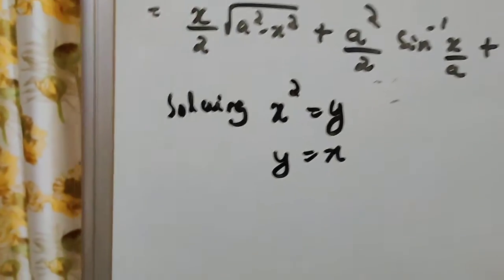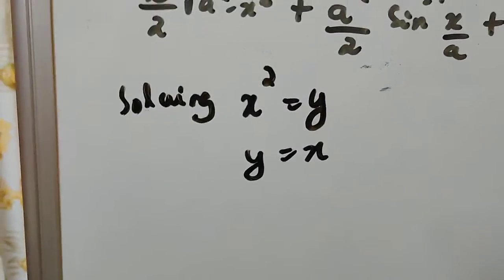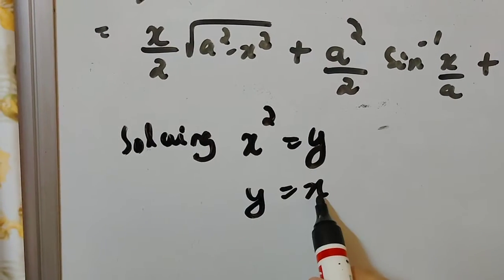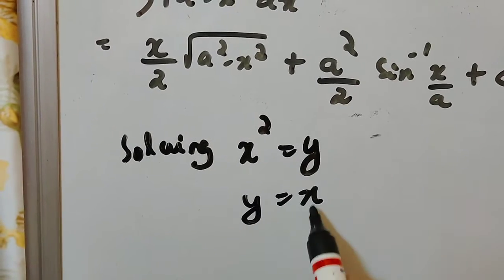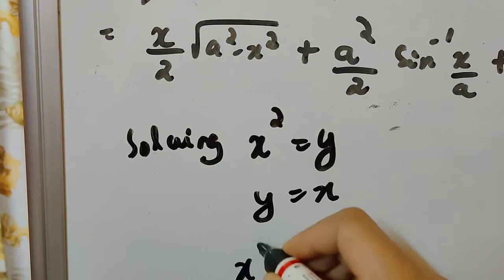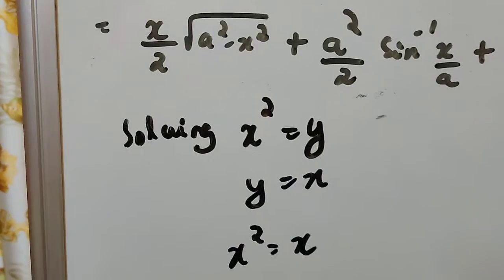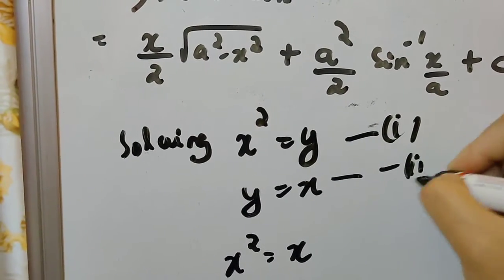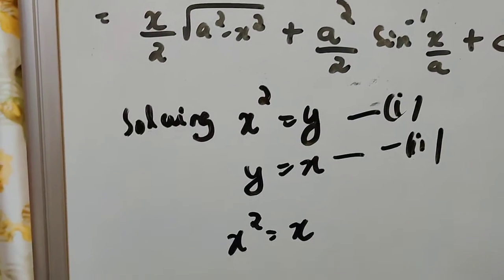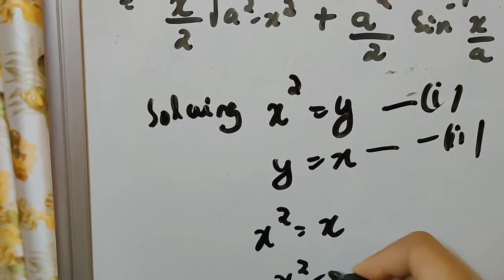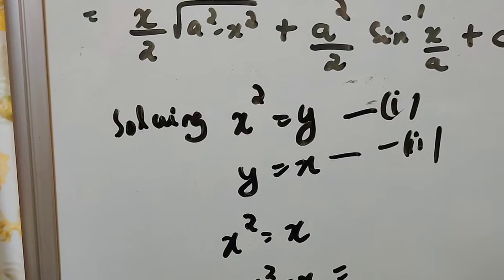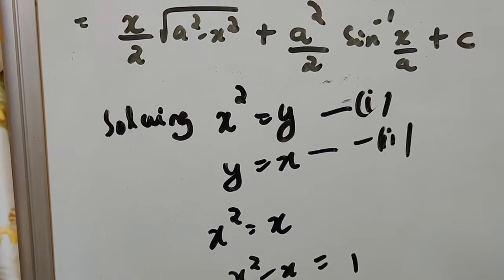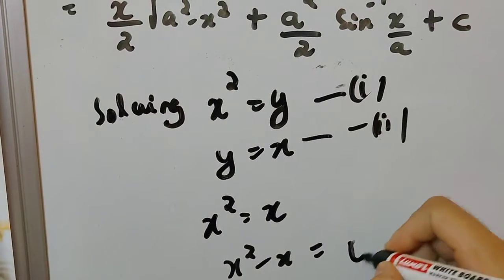If y is equal to x, I can put the value of y in equation 1, so x square is equal to x. So x square minus x equal to 0.